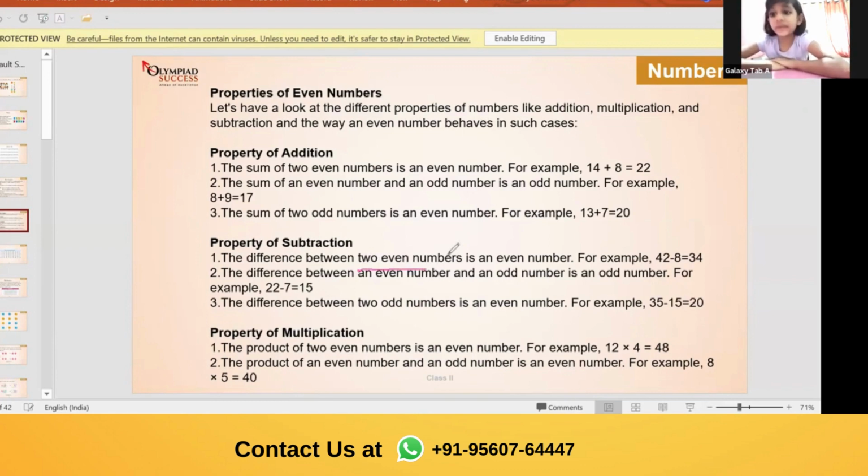The difference between an even number and an odd number is an odd number. For example, 22 minus 7. The difference between two odd numbers is an even number. For example, 35 minus 15 equals 20.